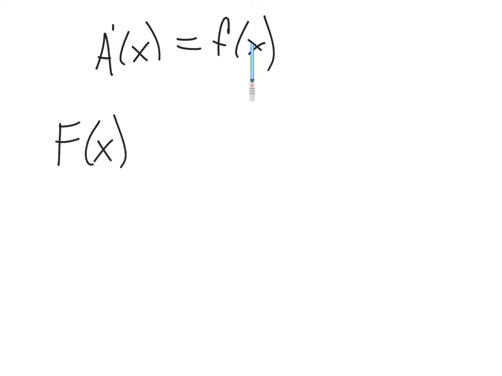So here's one of our antiderivatives, A, and let's look at another antiderivative, because all they do is differ by a constant. So this F must be the same as our other antiderivative plus maybe a different constant.